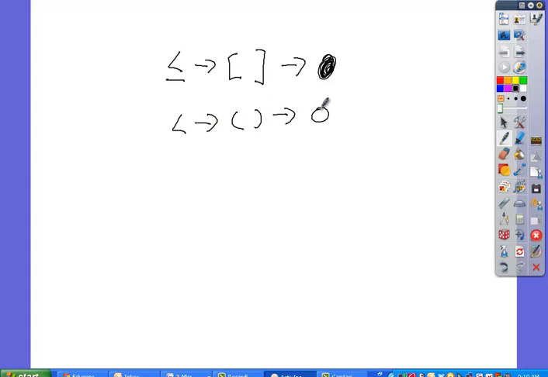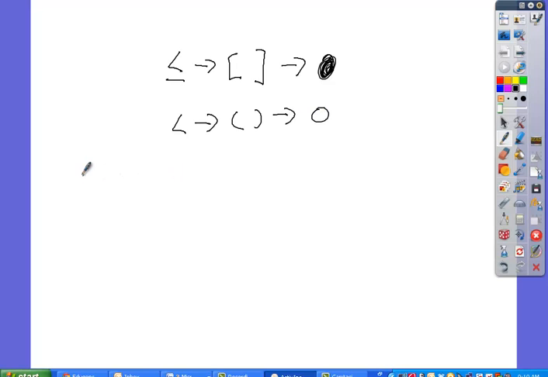Alright, and just as a recap, we have less than or equal to is the same thing as a bracket, is the same thing as a closed circle. And less than is the same as parentheses, is the same as an open circle.